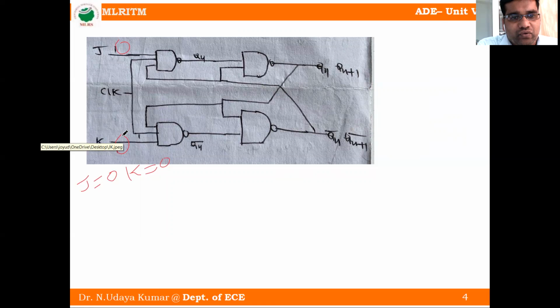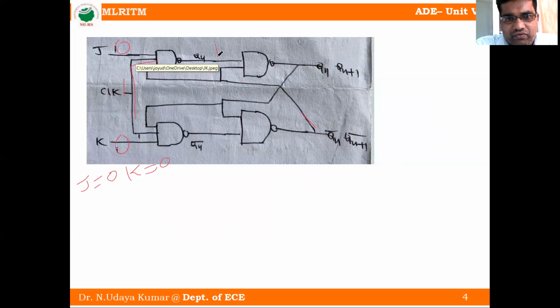If any one input terminal of a NAND gate is 0, the output is always 1. That is 0 into clock, which is always 1, into Qn bar: 0 into 1 into Qn bar is equal to 0, and 0 whole bar is equal to 1. We will get 1.